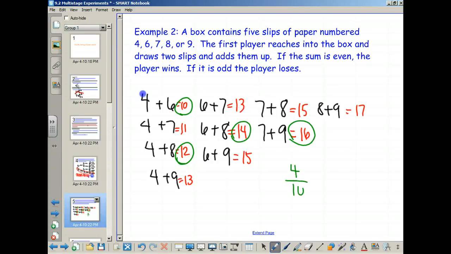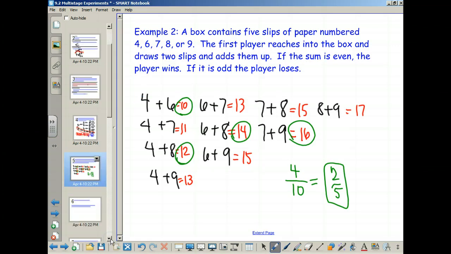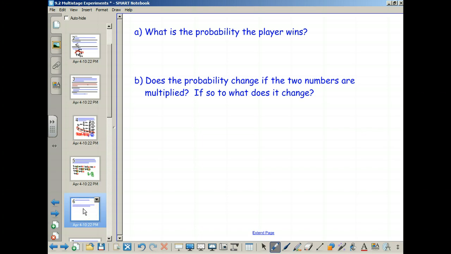So you have 4 out of 10, which is a 2/5 chance that you win. I think I already did for 8. I think I wrote it in there right there. So what is the probability that they win? So the probability that they win is the probability of getting an even, which above we said was 2/5, right?